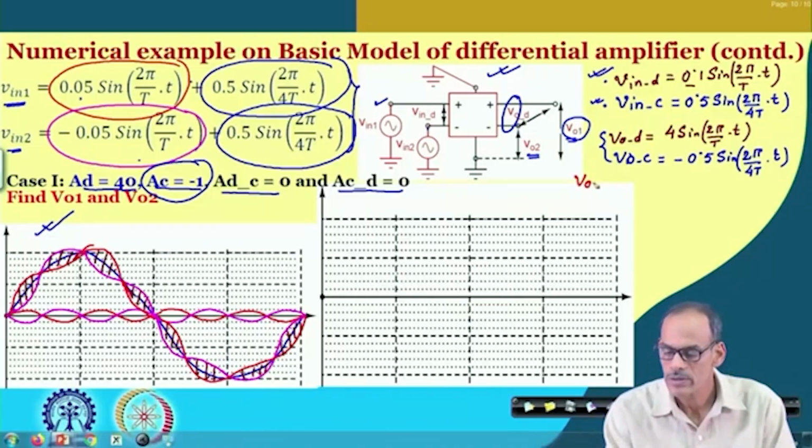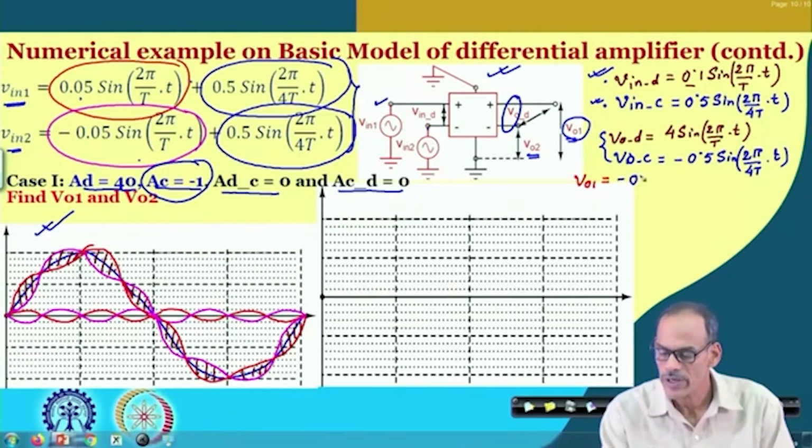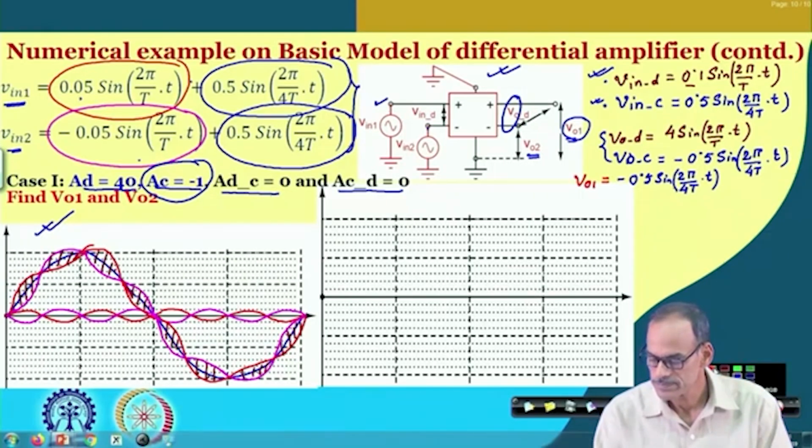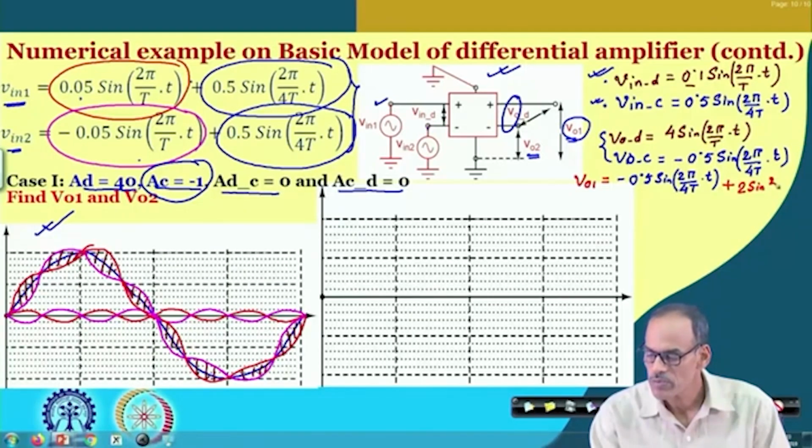VO1 has the common mode part, namely minus 0.5 sin 2 pi by 4 T into t, plus half of the differential signal, namely 2 sin 2 pi by capital T into small t.